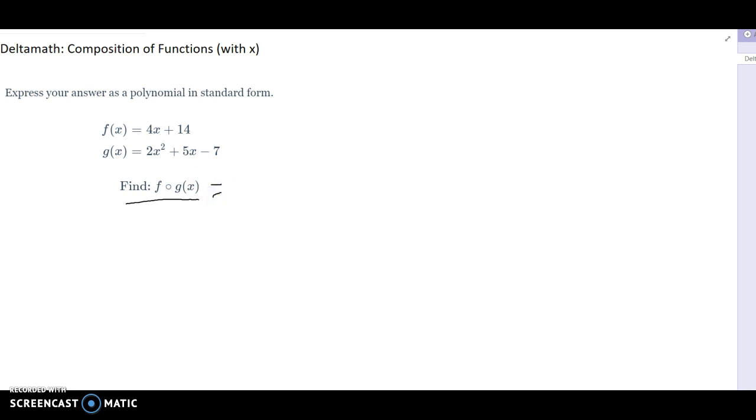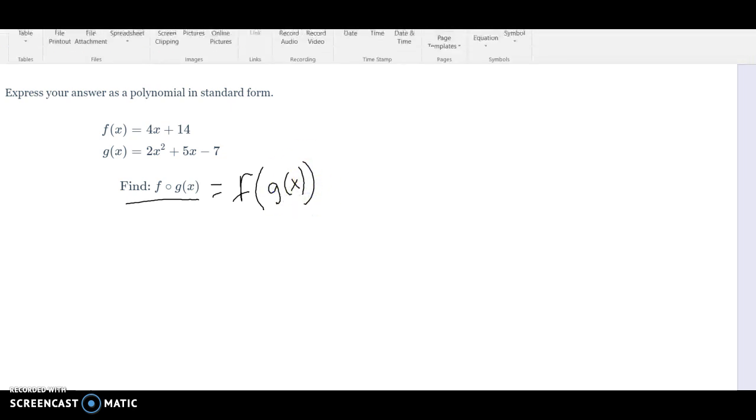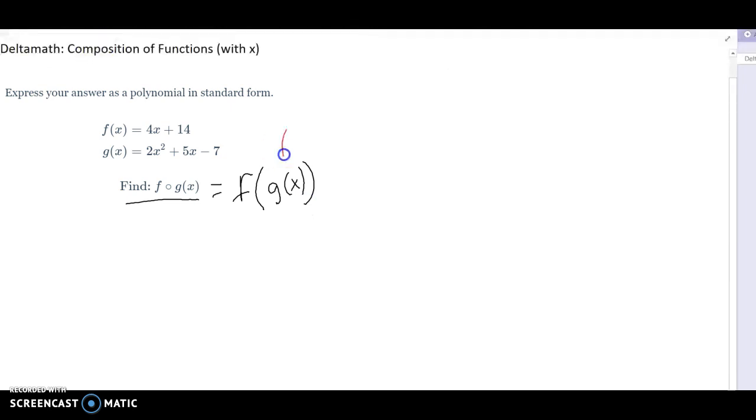Again, I'm going to write what this notation means, right here. This notation means that f of x is going to contain g of x. Again, this means that g of x is going to go on the inside because g of x came second.